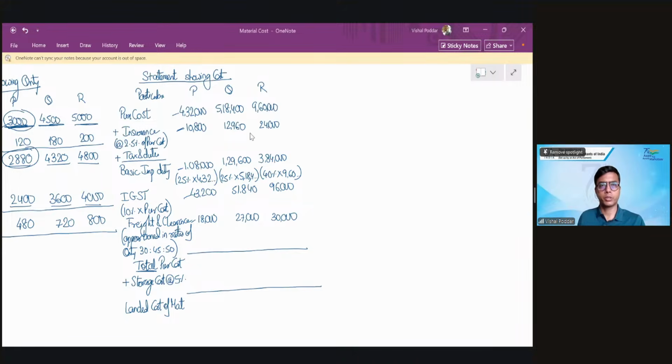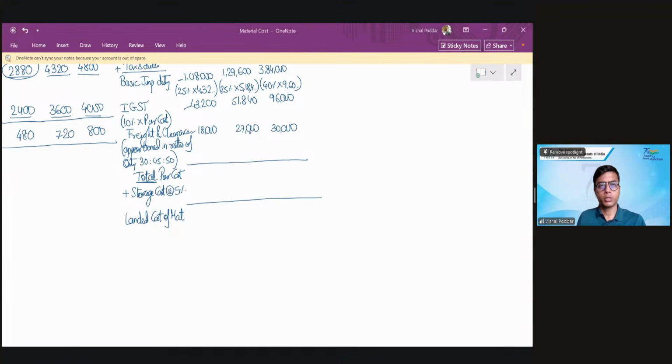So the landed cost as per Tulsi is 642,600 for P, 722,358 for Q, and 185,220 for R. Others are having different answers. 640,600.